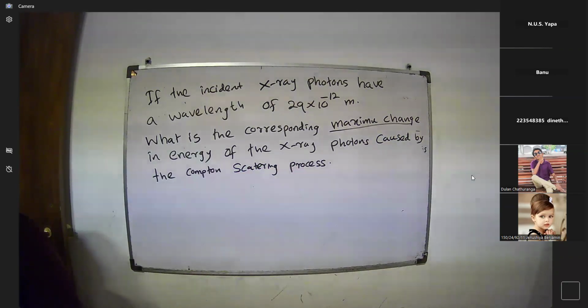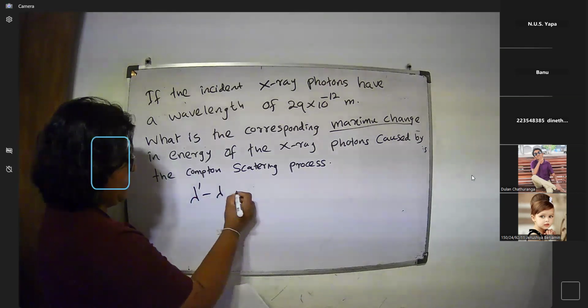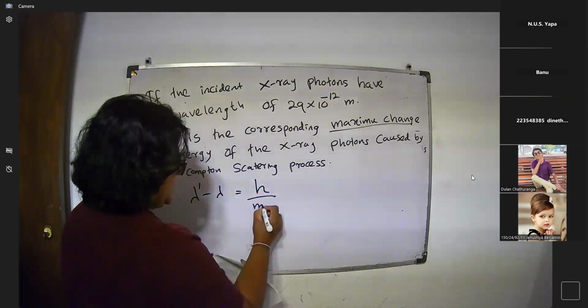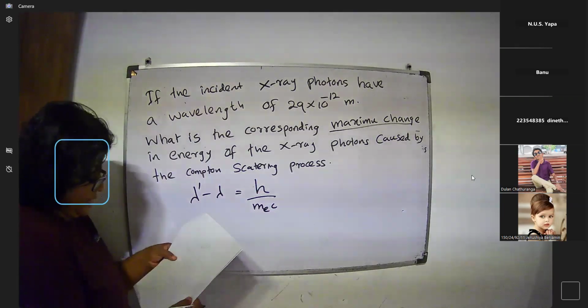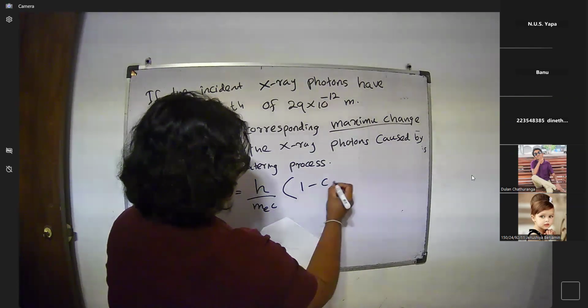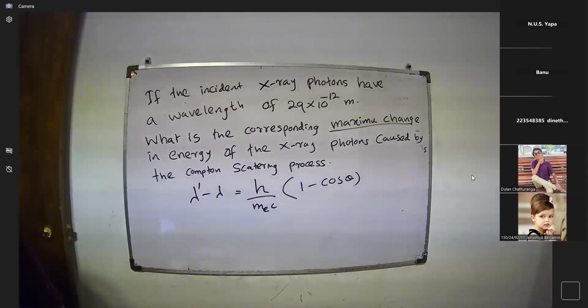Now, you should remember the equations, right? The quantum scattering equation is lambda dash minus lambda is equal to h over m e c, the mass of the electron and the velocity of light, into 1 minus cos theta. This is the quantum shift equation.